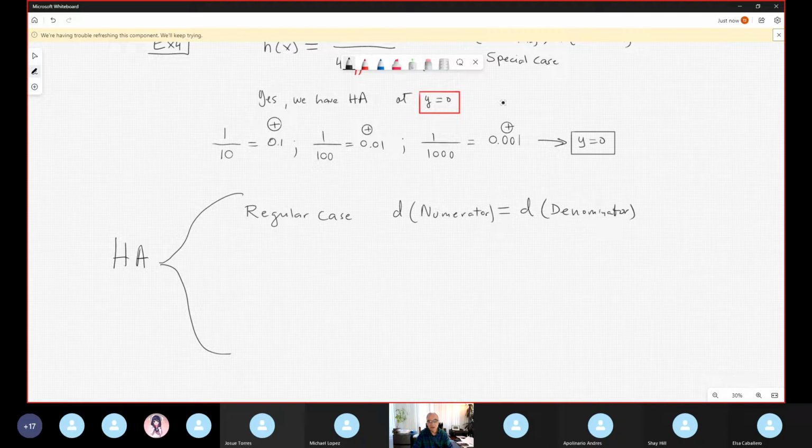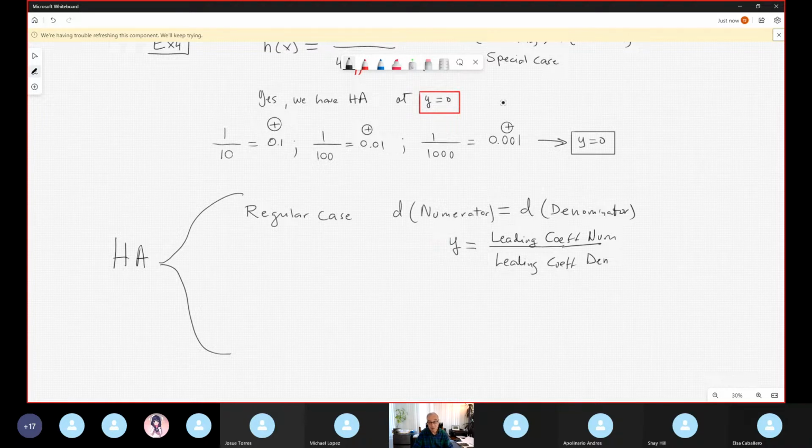Then the answer is yes, we have a horizontal asymptote at y equal to the division of the leading coefficient in the top by the leading coefficient in the bottom, the denominator.